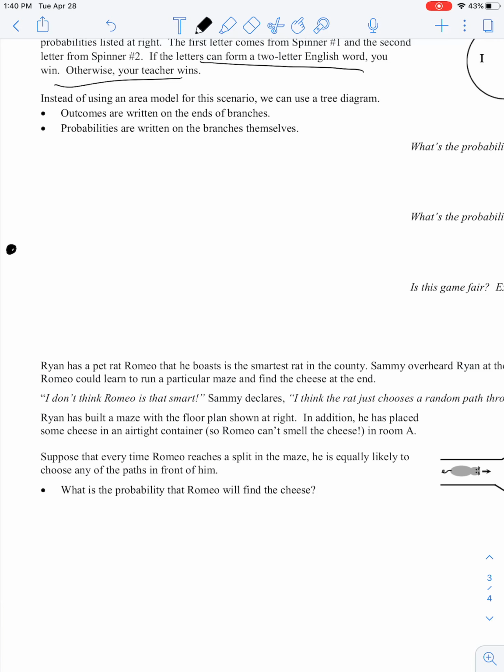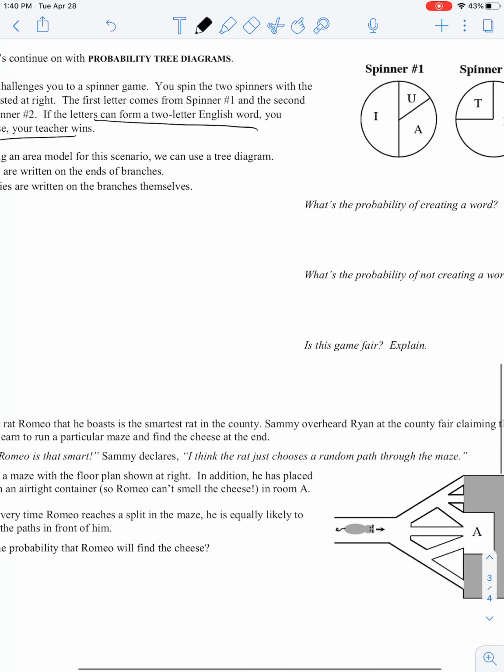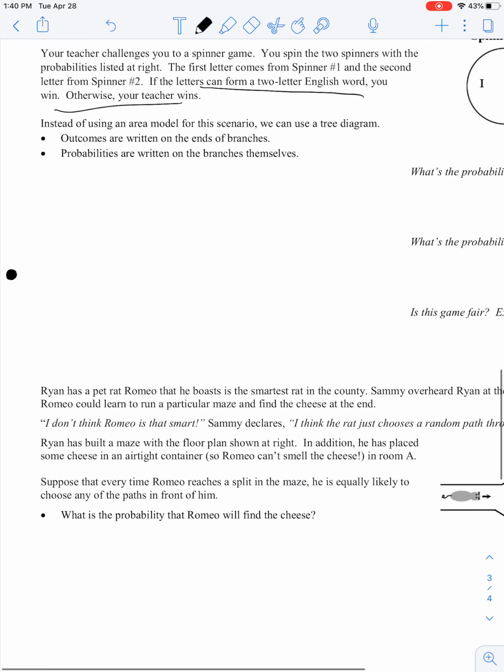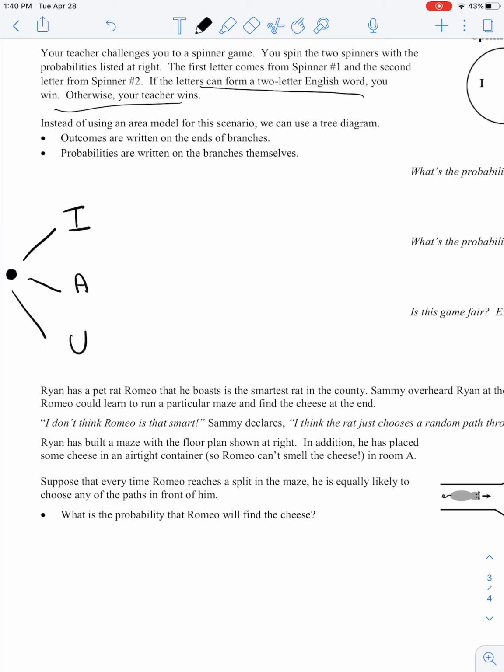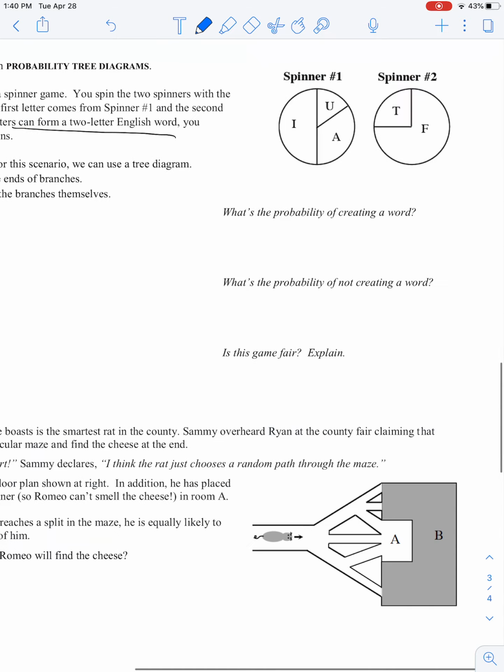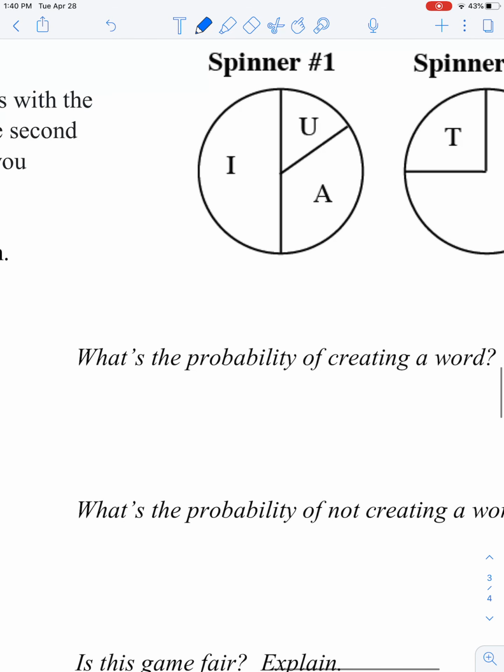So first, we have a spinner that has the letters I, A, and U. So if I spin the spinner, I can either spin the letter I, A, or U. Those are the 3 possibilities. Now on the branches of the tree diagram, we are going to write the probability of each letter.